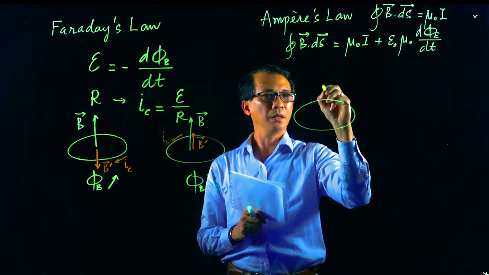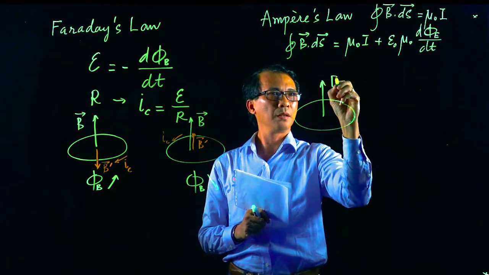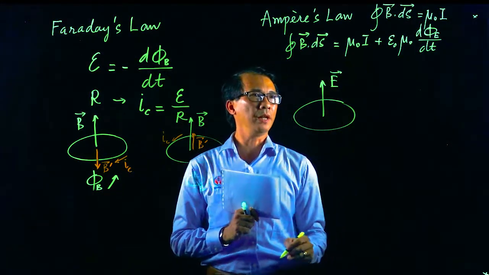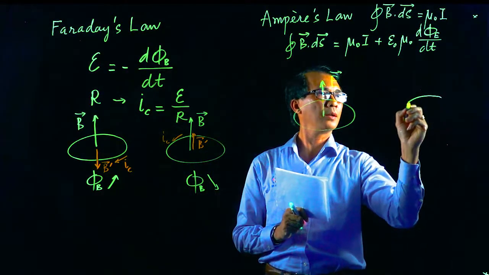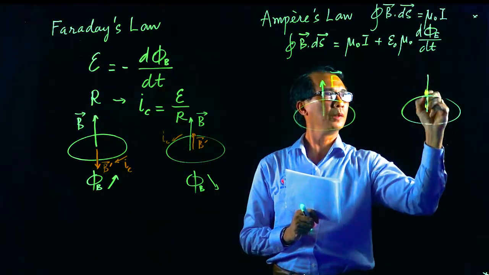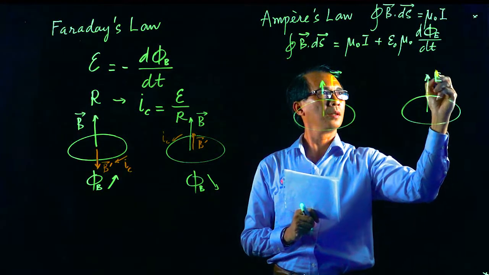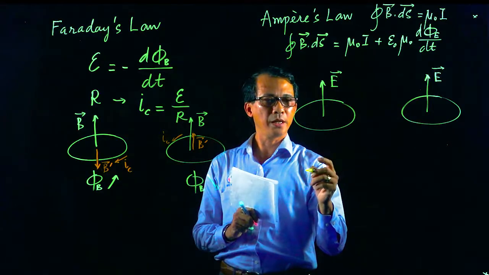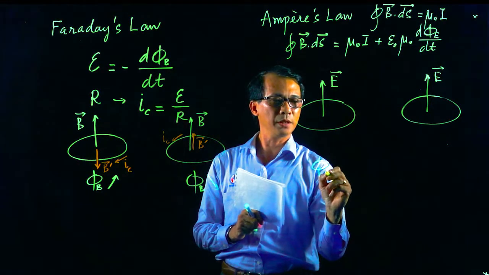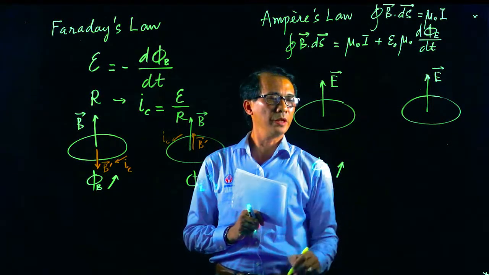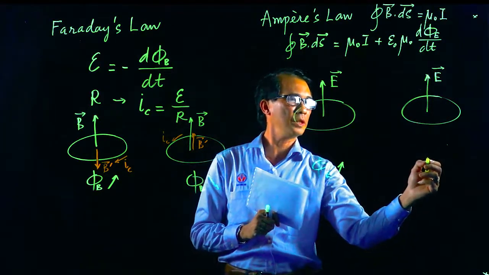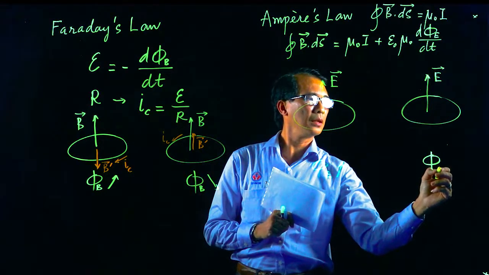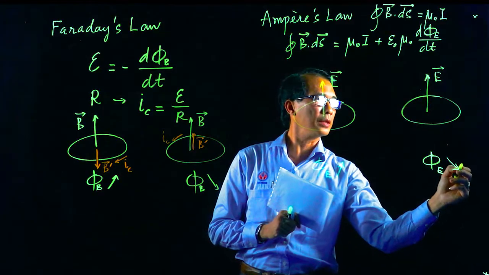Then the existing electric field is here. For another one, I take another loop with the electric field. Then in this case, the flux of this electric field is increasing, and for this one, the flux is decreasing.